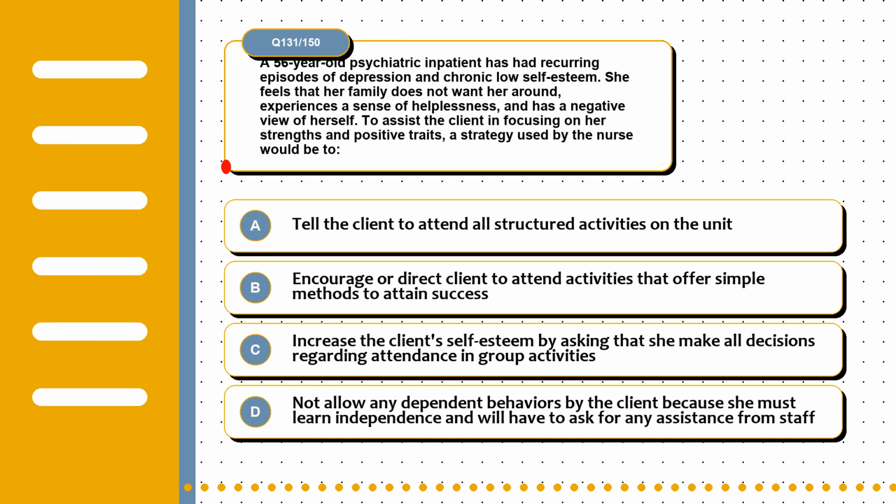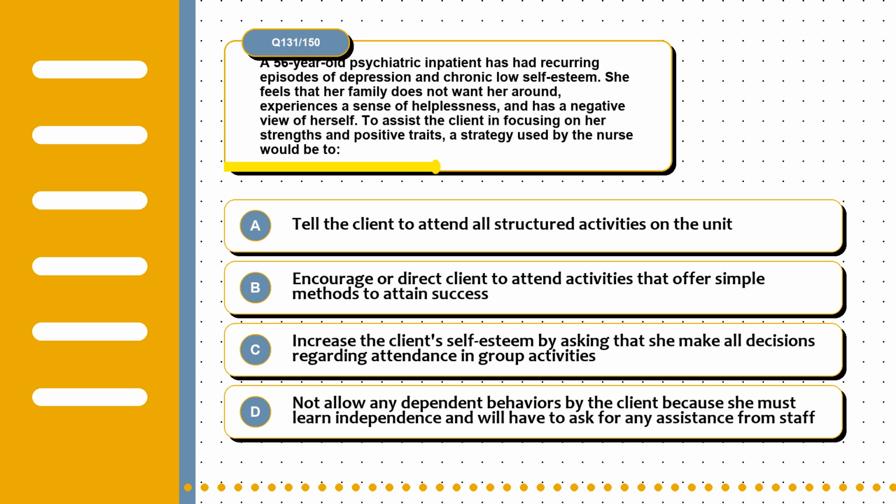Question 131. A 56-year-old psychiatric inpatient has had recurring episodes of depression and chronic low self-esteem. She feels that her family does not want her around, experiences a sense of helplessness, and has a negative view of herself. To assist the client in focusing on her strengths and positive traits, a strategy used by the nurse would be to, here are the options.